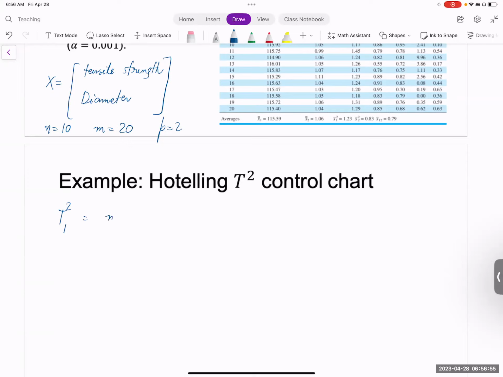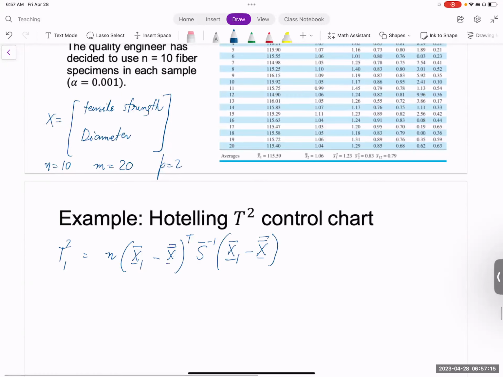This is going to be equal to n times (x̄_1 minus x double bar) transpose S̄ inverse (x̄_1 minus x double bar). So really, as you go from T1 square to T2 square to T3 square and so on, all that changes is the first quantity here, this one and this one. Everything else remains the same. So let's actually see what x double bar and S̄ are.